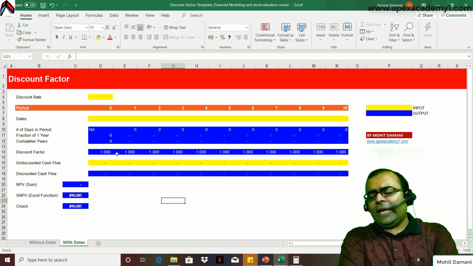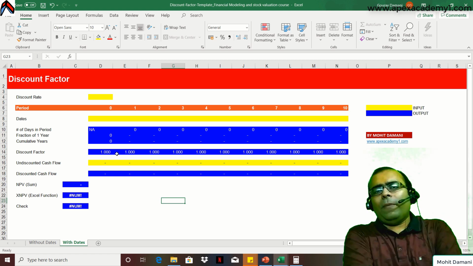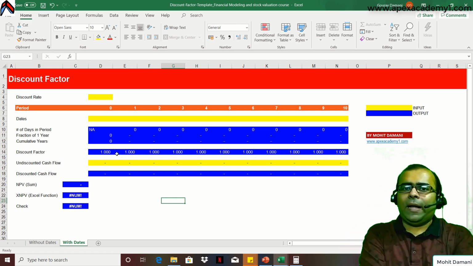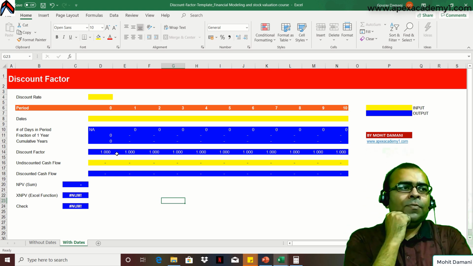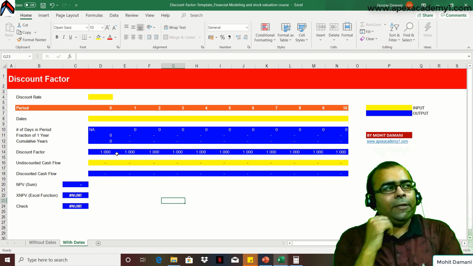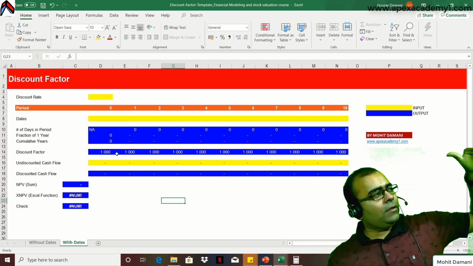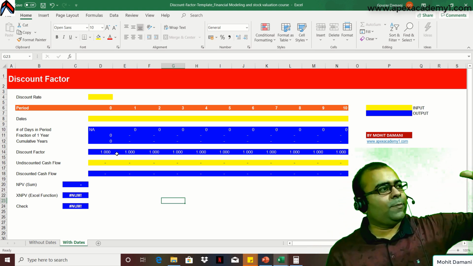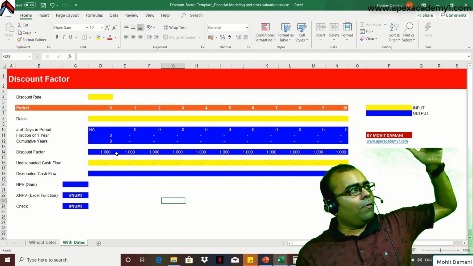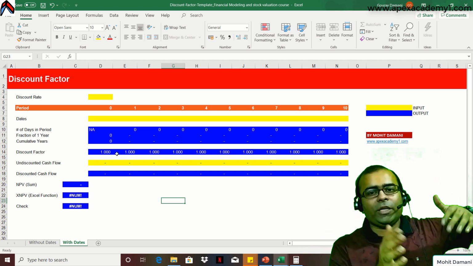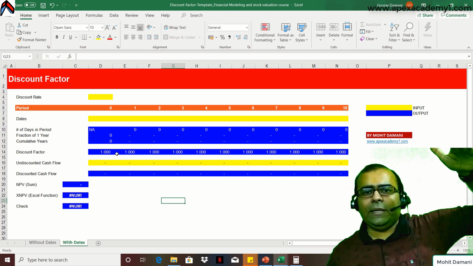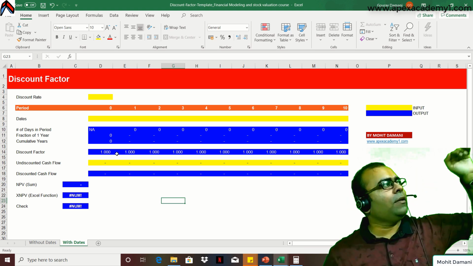Let's take an example. You go to a bank, I think you would have visited a bank. If you look at the interest rate counter or investment counter, you will see for 1 year the interest rate is, let's assume, 6%. If we go backwards, I mean if we shorten the time frame, for 6 months the interest rate is 5.5%.